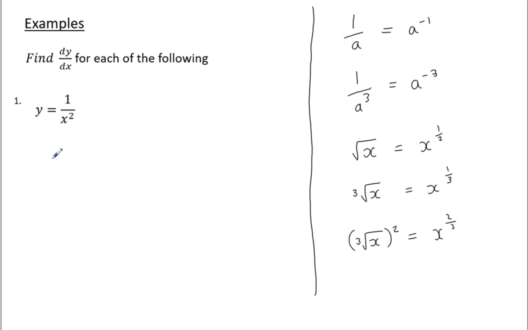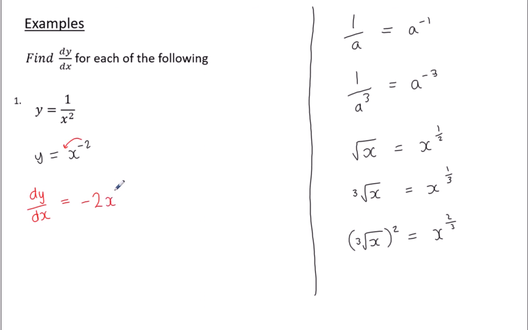So for this one then, I've got 1 over x squared. So to take out the 1 over, to make it into just index form with no fraction, that would be x to the power of minus 2. Okay, now we can actually differentiate it. So dy by dx, and remember the rule is that the old power comes down and multiplies, so we'll get a minus 2 in front as a coefficient, and then you drop the power by 1.